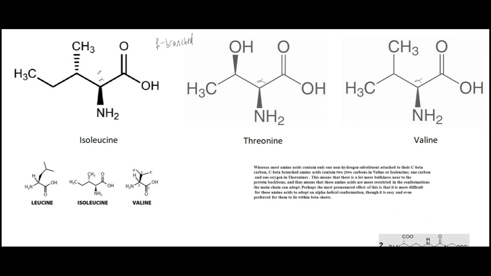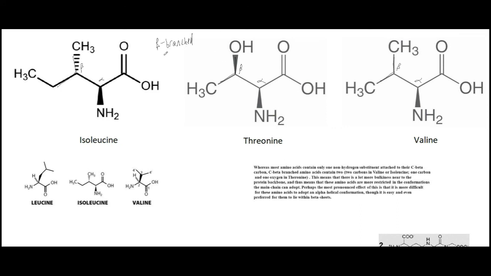And then going in the Greek letter order, we go to our beta carbon on each of these. And you see that on these 3 amino acids, the beta carbon is branched in that it goes to two different species that are not just a hydrogen. They go to bulkier species.